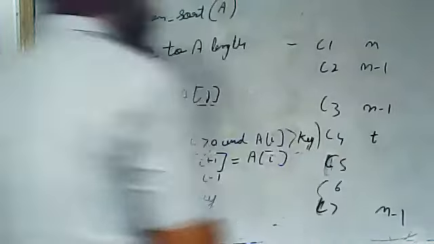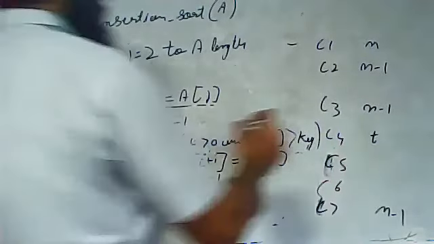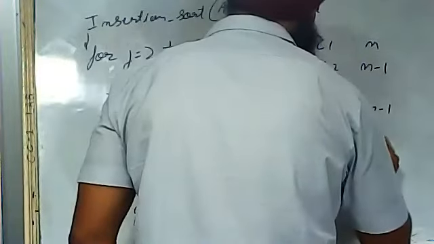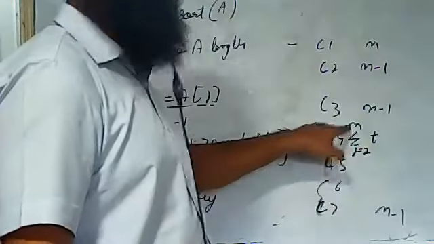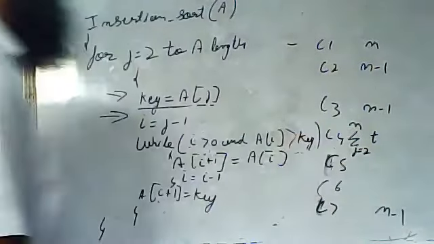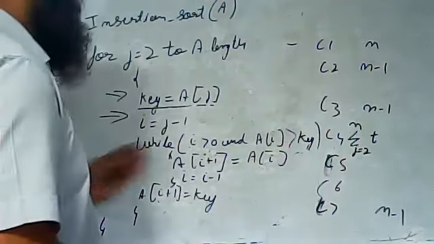Let's say it will take t time to get executed, and there will be different values of t starting from j to n. We'll sum all the values: summation of j equals 2 to n of t.